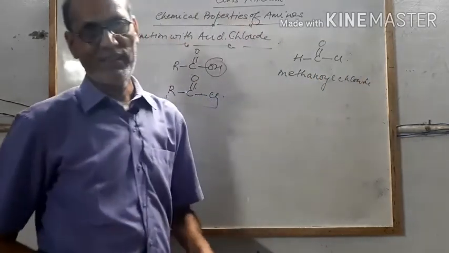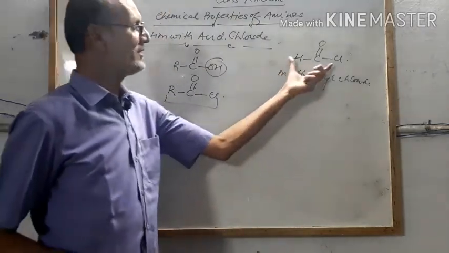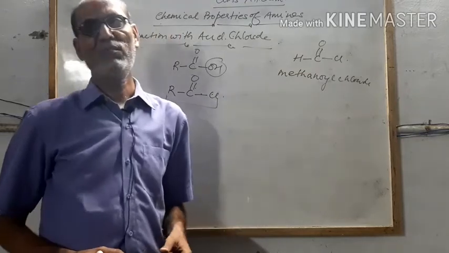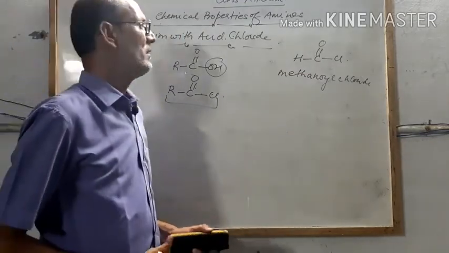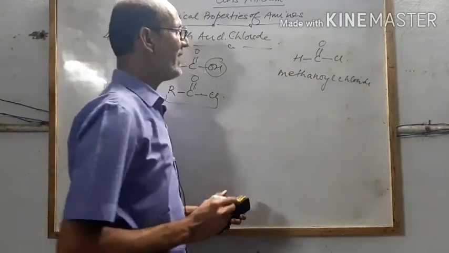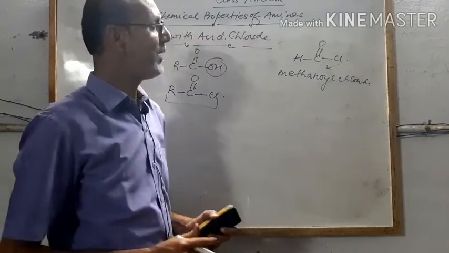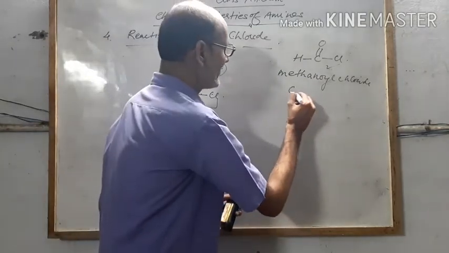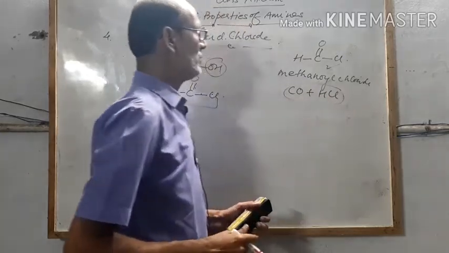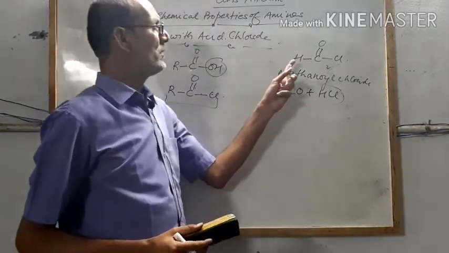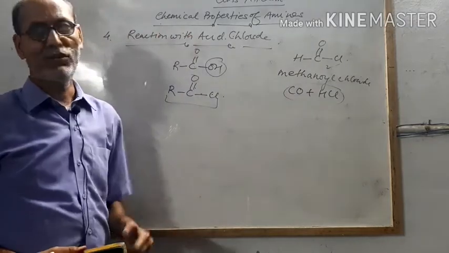But for your kind information, this compound is unstable at room temperature. It will never stay in this form. It will break into CO plus HCl. So we will not use HCOCl as an acid chloride.